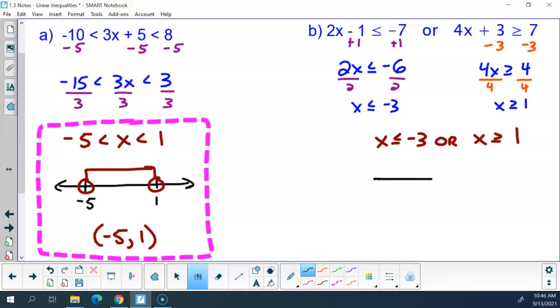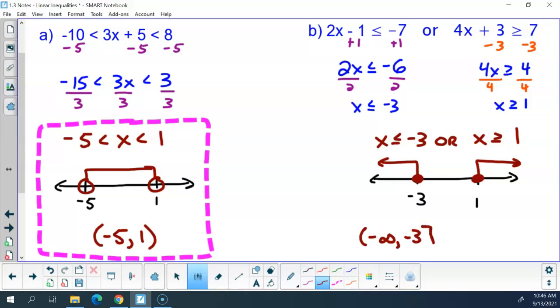On the number line, we have filled in dots. And we'd be rowing the boat in an interval. It looked like that.